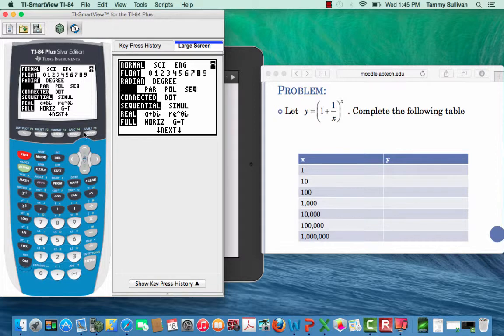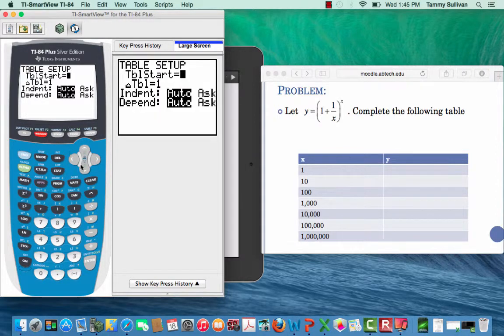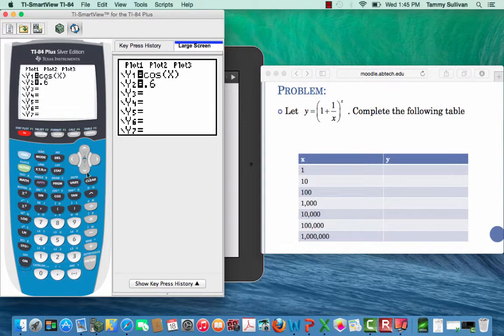I'm going to change my table set. So I'm going to hit second function window, and I'm going to change my table set to ask. And I'm going to input my function in here once I clear out what I've got.